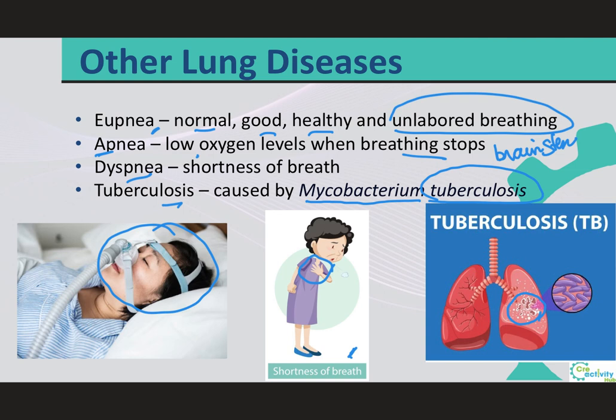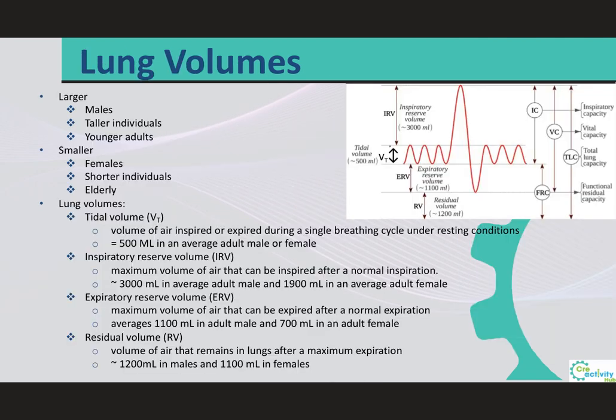Not everyone infected with tuberculosis bacteria actually becomes sick, but they do spread the bacteria around. So this is why it's important for you to get tested, because, like I said, not everybody knows that they're infected if they don't present any of the signs of tuberculosis, like a really strong cough, for example. Let's focus now on the lung volumes.